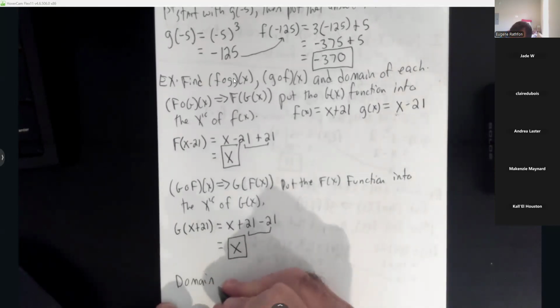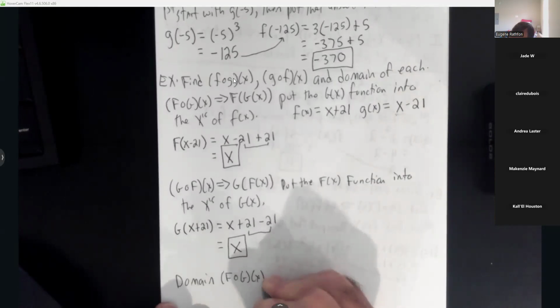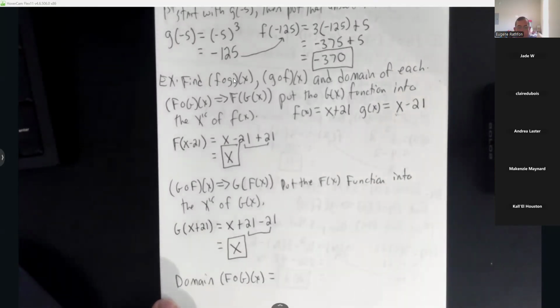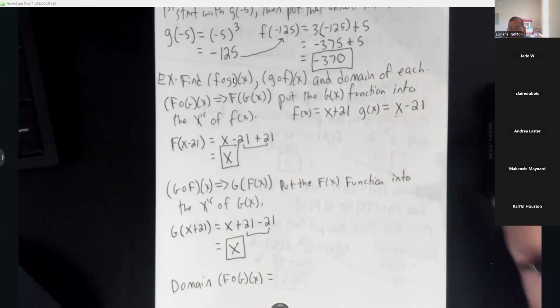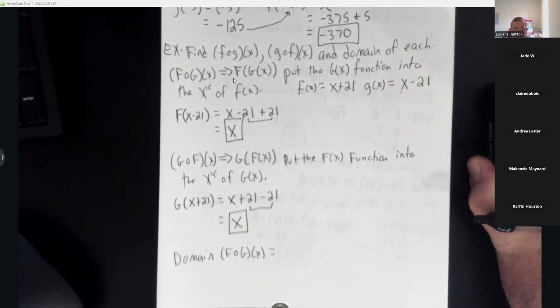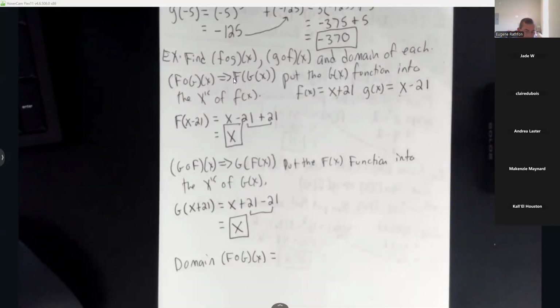And this is the domain of f compose g of x. And they want these in interval notation, so we'll start at negative infinity, end at positive infinity, and kick out any numbers along the way if we got to.